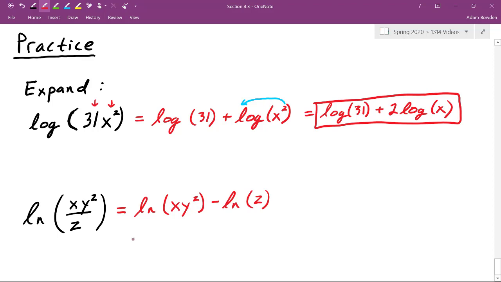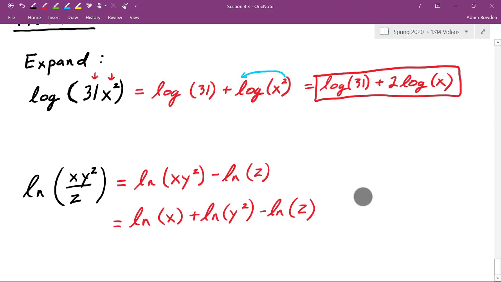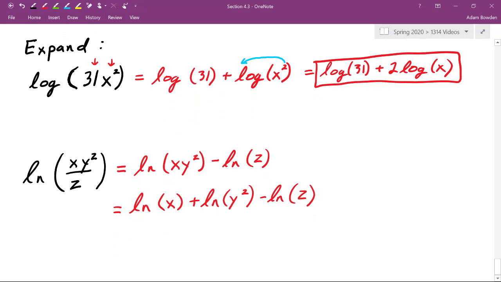Now the x and the y squared are multiplied together, so I can split those apart with the product rule: ln x plus ln y squared minus ln z. And the last step would be to move this 2 from the inside to the outside of the logarithm: ln x plus 2 ln y minus ln z.